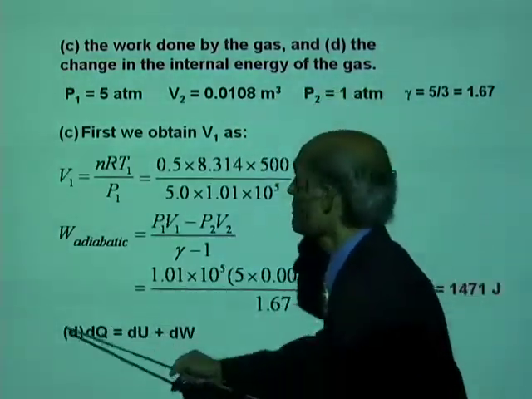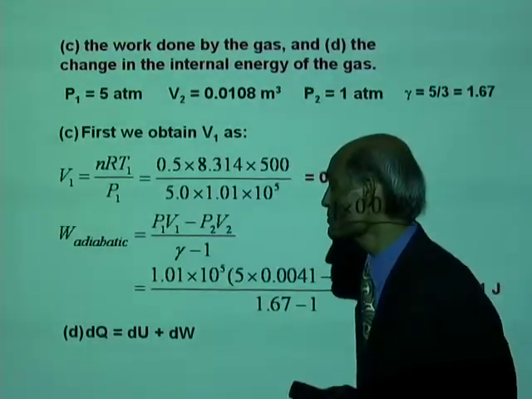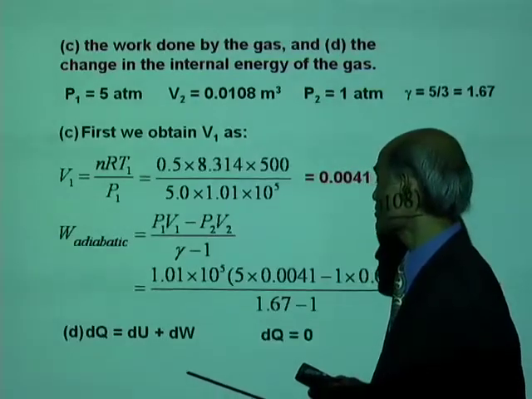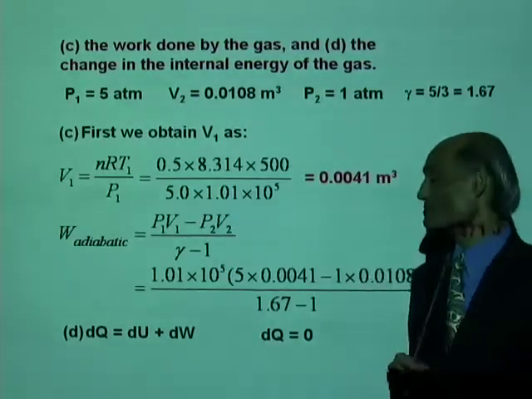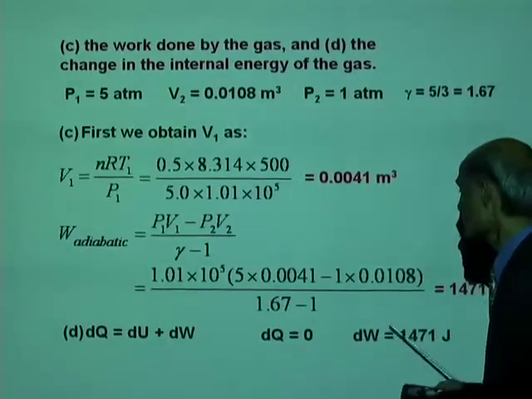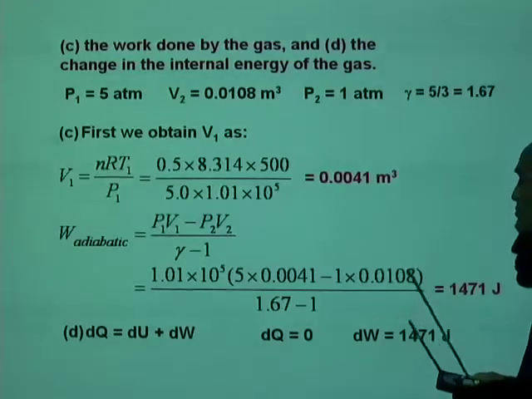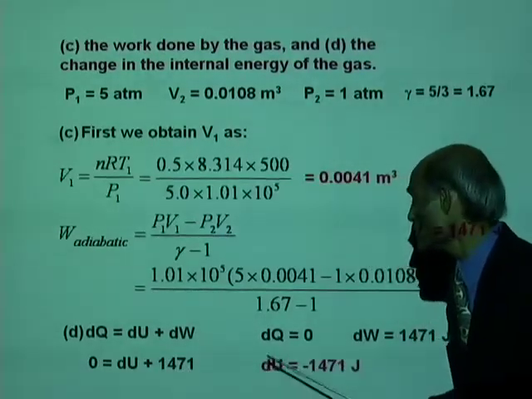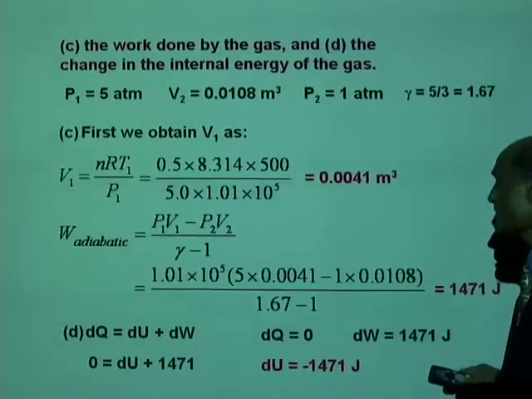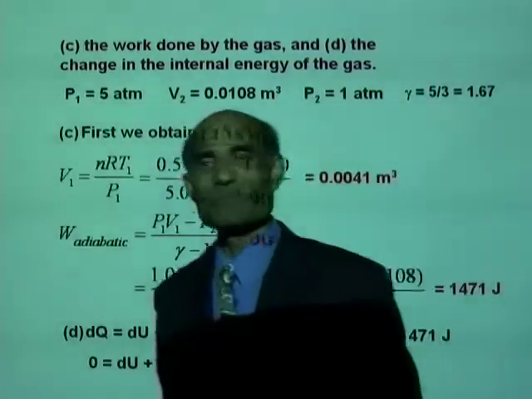Okay, and finally the quantity of heat added: dQ equal to dU plus dW. Well, of course dQ is 0 for an adiabatic process. So dW equal to 1471 joules. Therefore, what is dU? dU equal to negative 1471 joules. What does that mean?